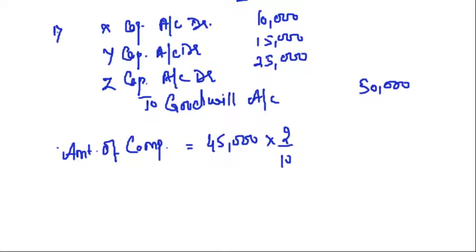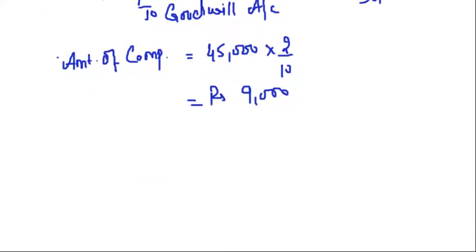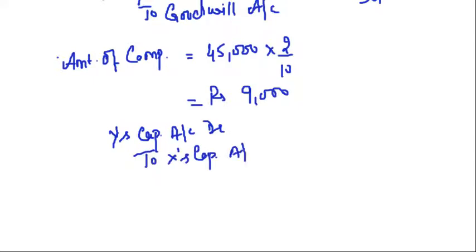So this comes to rupees 9,000. Now, who is the gaining partner? It is only Y who is gaining. Z is not gaining anything. So only Y will compensate X. So the entry will be Y's capital account debit to the retiring partner, that is X capital account, with rupees 9,000.